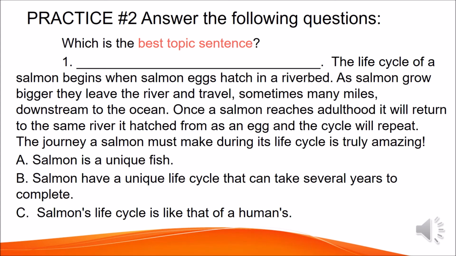The journey a salmon must make during its life cycle is truly amazing. Letter A. Salmon is a unique fish. Letter B. Salmon have a unique life cycle that can take several years to complete. Letter C. Salmon's life cycle is like that of a human's.